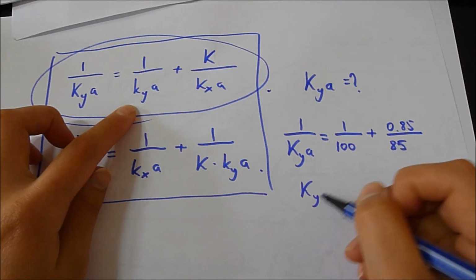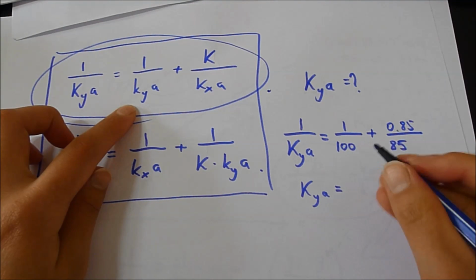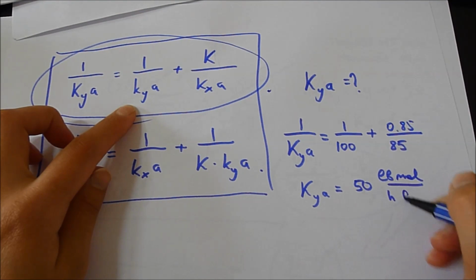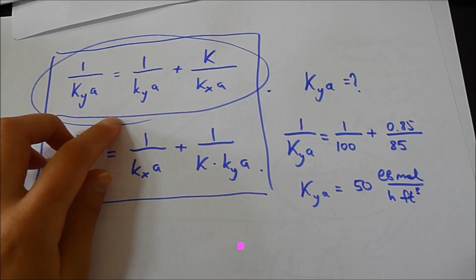So big Kya now is equal to 50 pound moles per hour feet cubed.